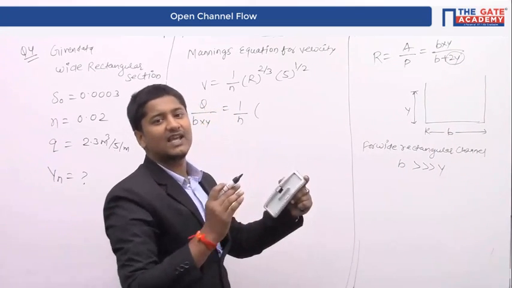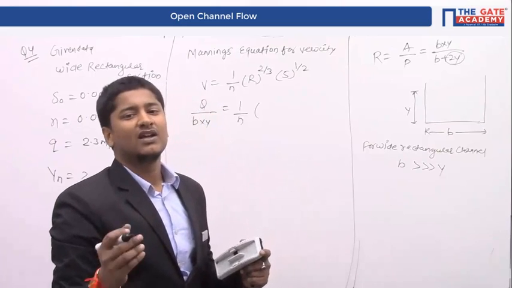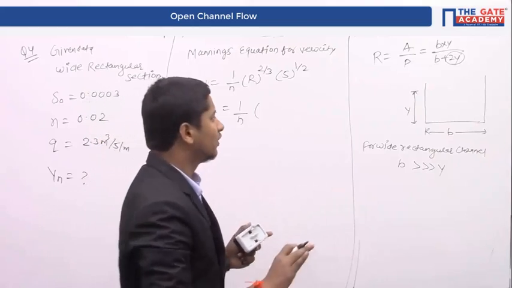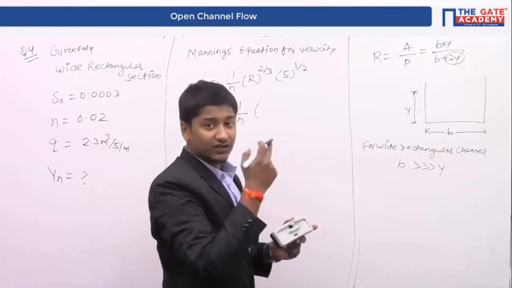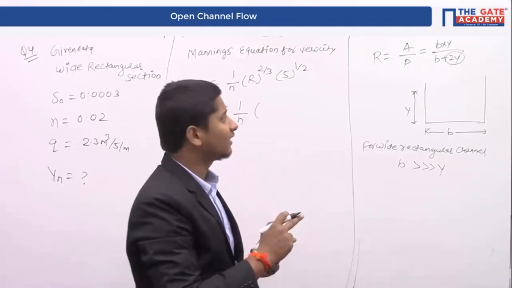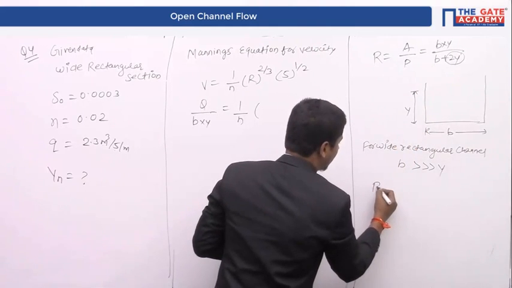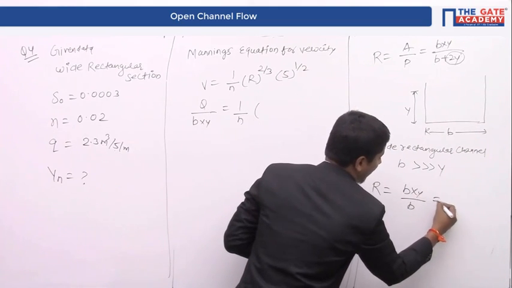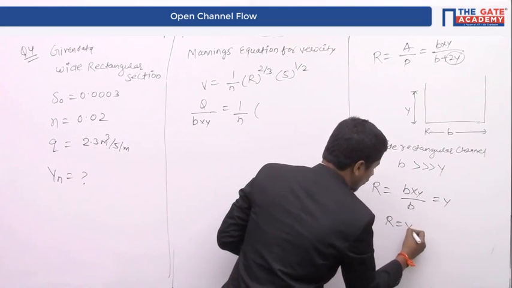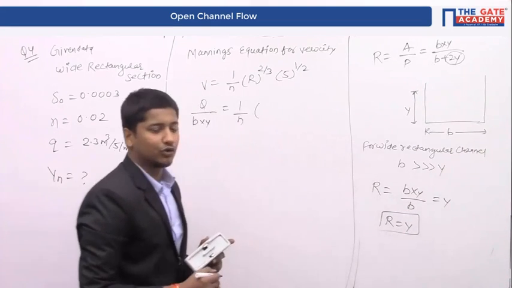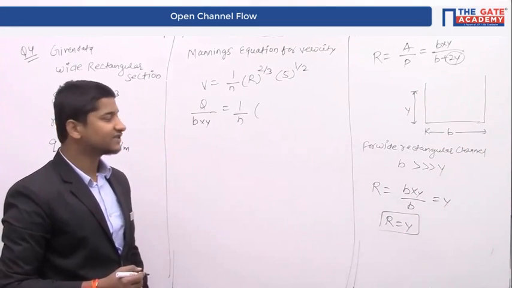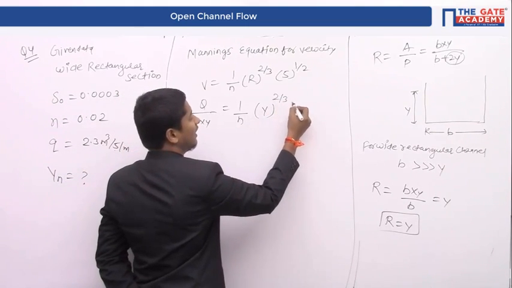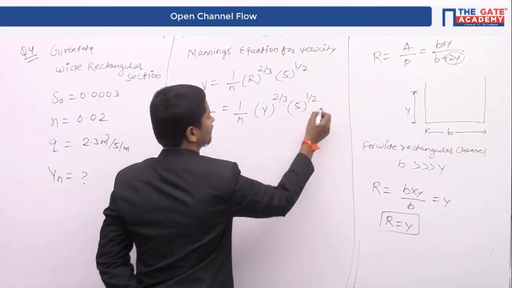Because it's like B is 1000 and Y is 1 meter, so 2 into Y, that is 2 in 1000, it's not at all matter. So that part we can remove, only for this special case of a wide rectangular channel. So what will this equation become? R equal to B into Y upon B only, and finally you will get R equal to Y. I hope you understand how this R equal to Y comes. So that part we will directly put here, S to the power 1 by 2.